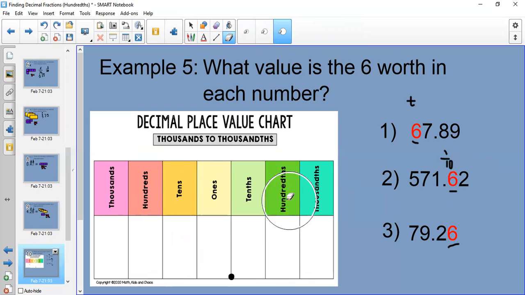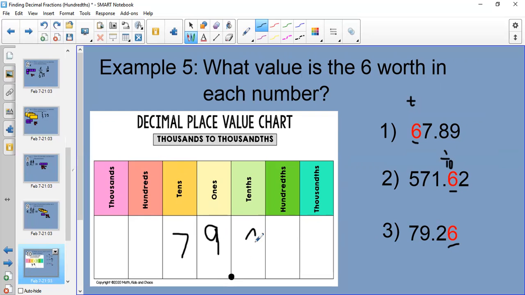We'll just do the last one. Maybe you could try doing it on your own without me talking through it. You could pause the video. Question 3, 79.26. Well, I know 7 is going to be in our tens column, 9 is in our ones column, and 2 goes here and 6 goes here. 79.26, and I know that 6 is in the hundredths column.